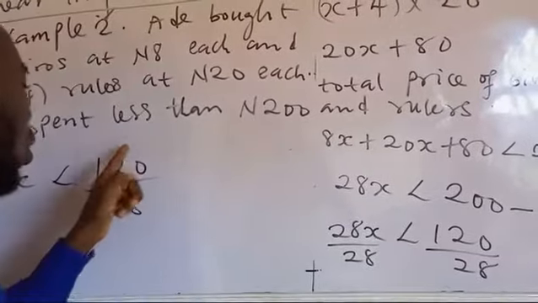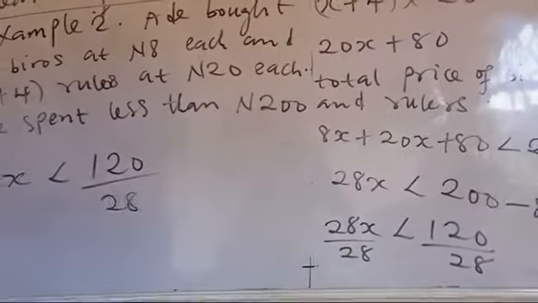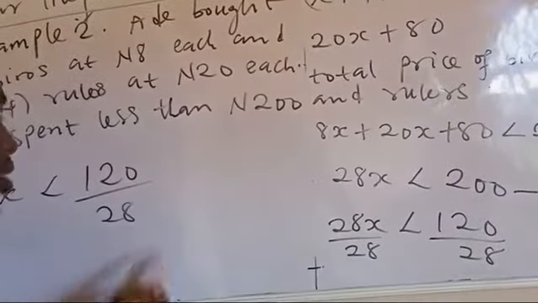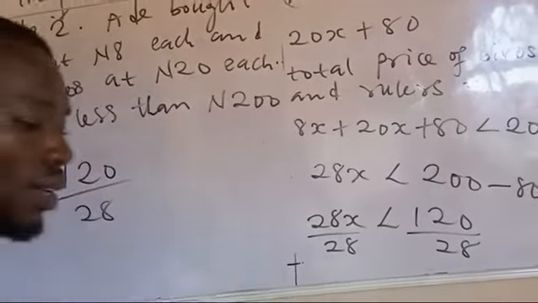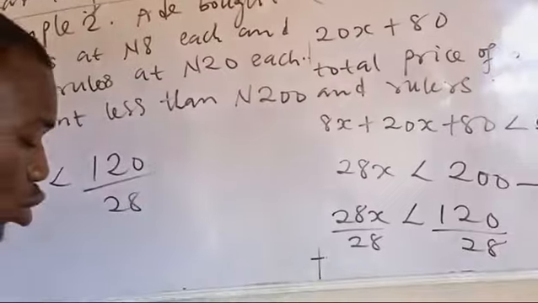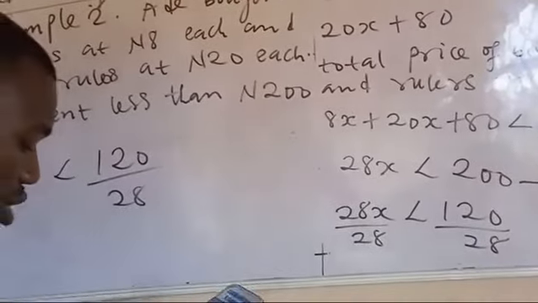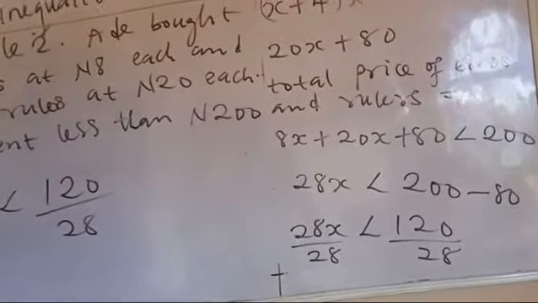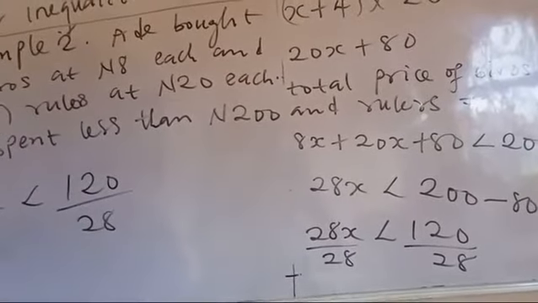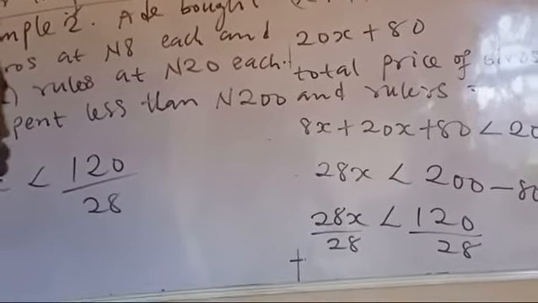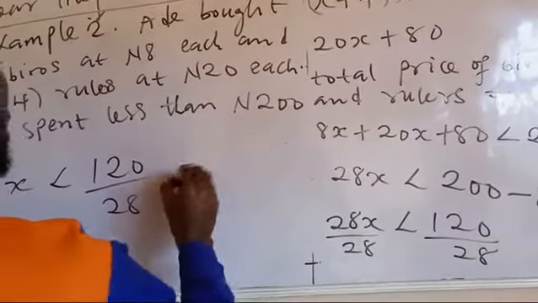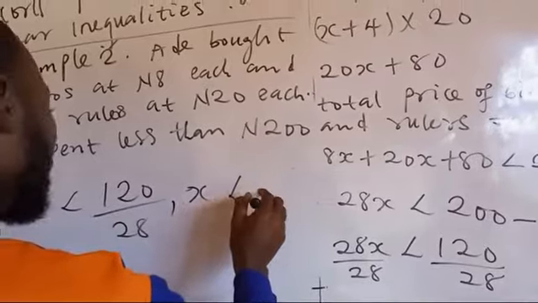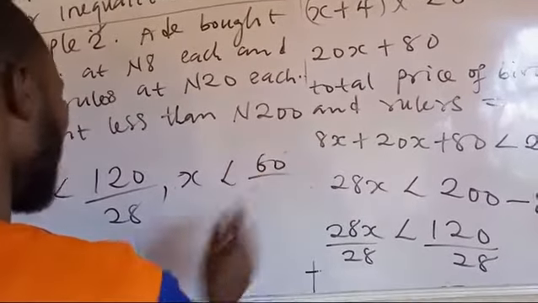Firstly, 28 cannot divide 120. What are we going to do? We break it down. We look for what can divide this and can also divide that. 2 can divide 120 to give us 60. Likewise, 2 can as well divide 28.